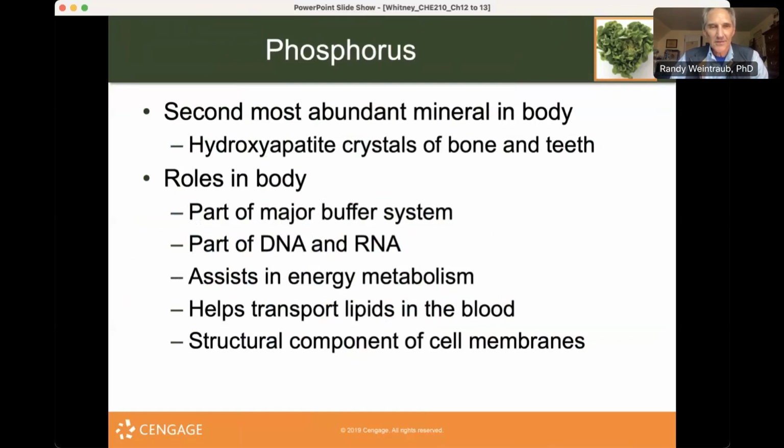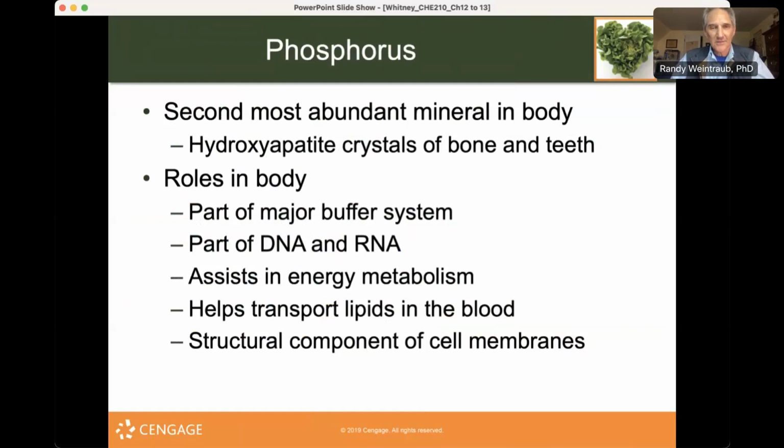Roles of phosphorus in the body. It's also part of buffer systems. It's a component, part of RNA and DNA, assists in energy, of course. ATP is a phosphorus-containing molecule. It helps in transport of lipids and those lipoproteins.